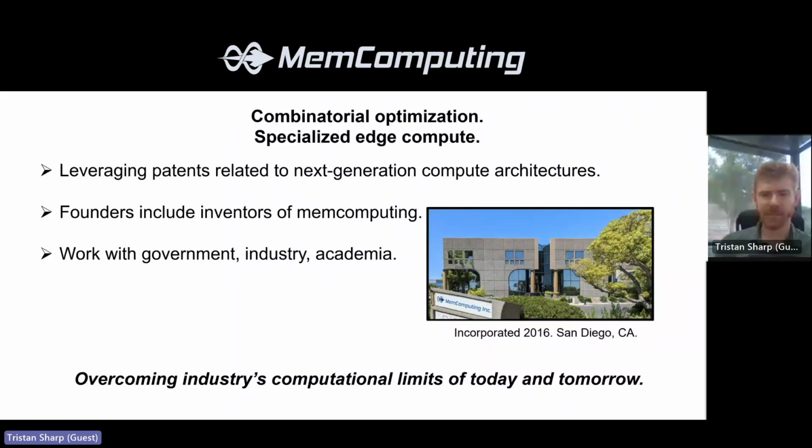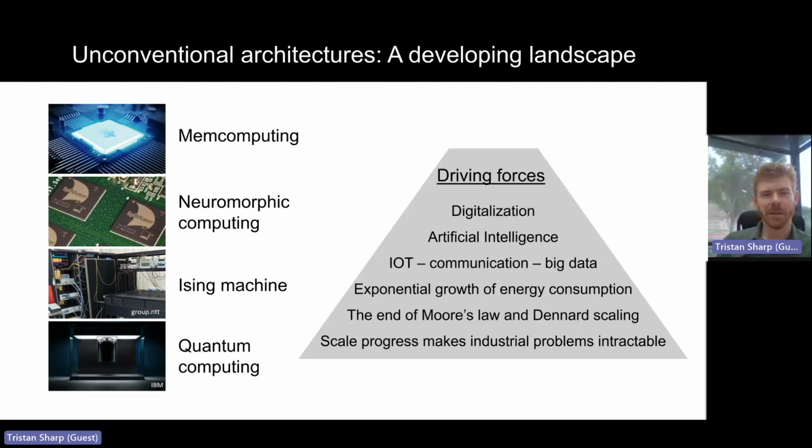We are part of an emerging field of development in unconventional compute architectures, essentially working to redesign compute from the ground up. At MIM Computing, we leverage a general framework for systems with memory and compute together. But there are some other figures in this space you may have heard of.